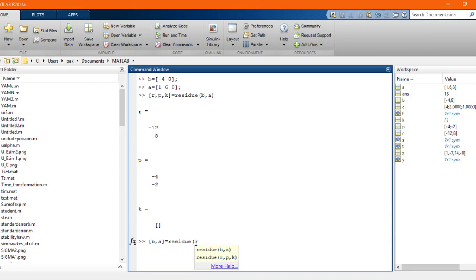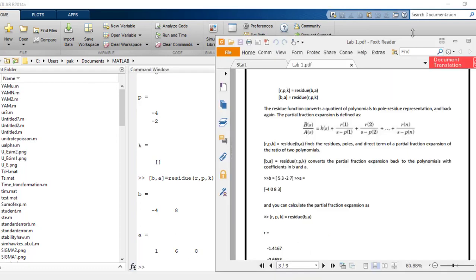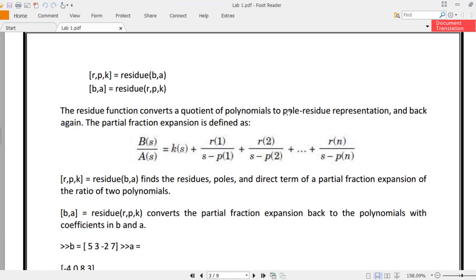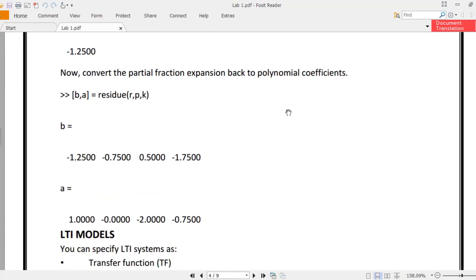I'll just press enter, and you can see that we get the same numerator and denominator that we had inputted the first time. So the residue command acts as a toggle. It gives back the rational expression from partial fractions and the partial fractions from a rational expression. So you have to implement this as well.